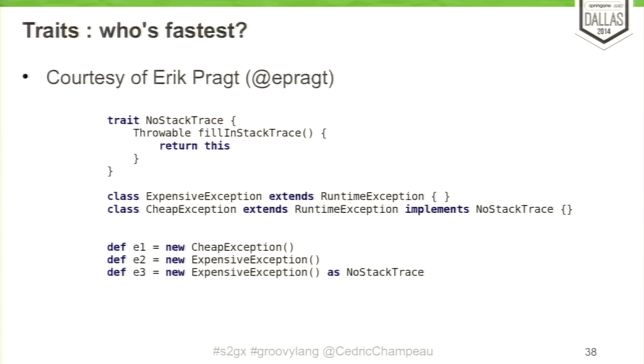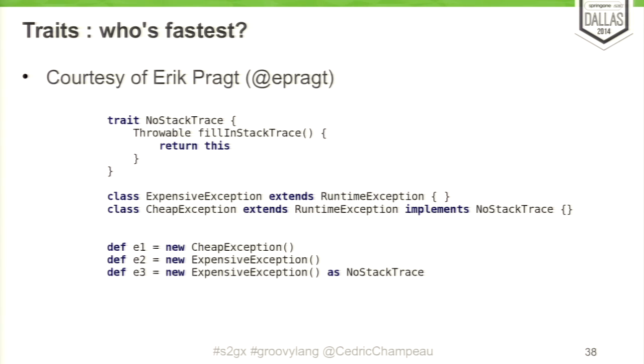Because when you throw an exception in Java, what takes time is actually filling the stack trace, not creating the object. So usually when you don't care about the stack trace, you override that method, fillInStackTrace, and do nothing, just to be fast.